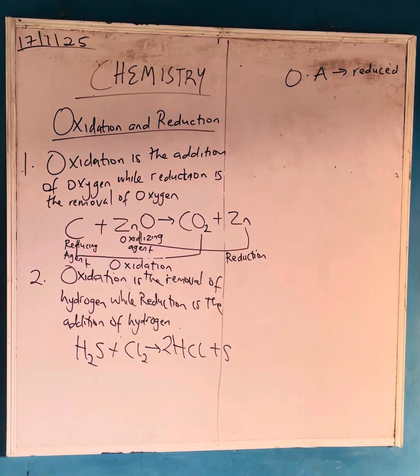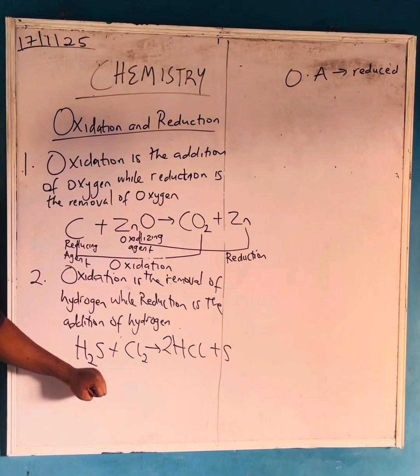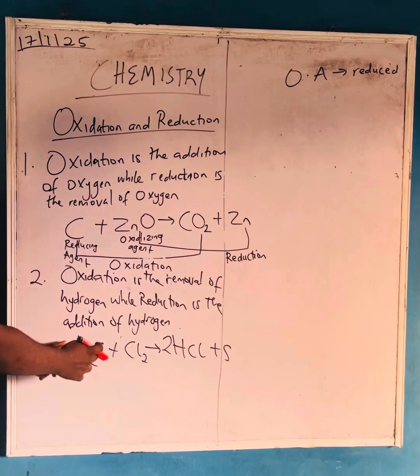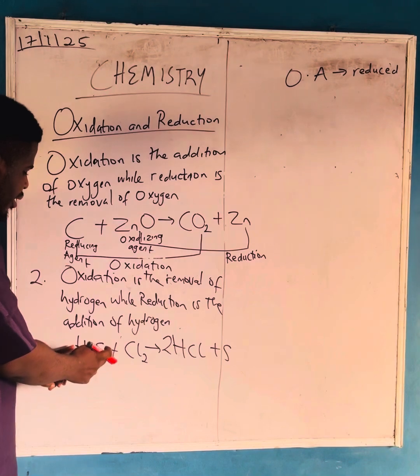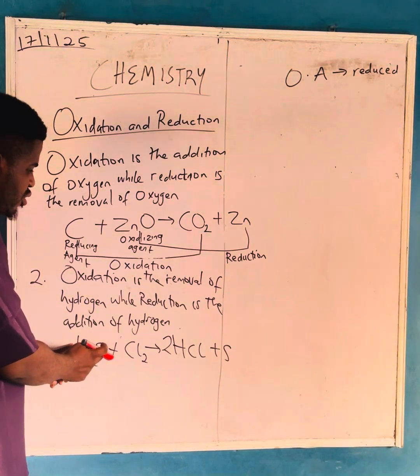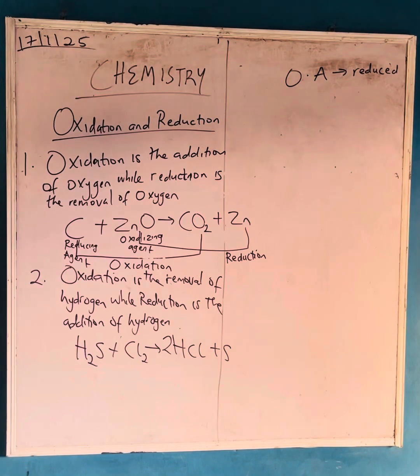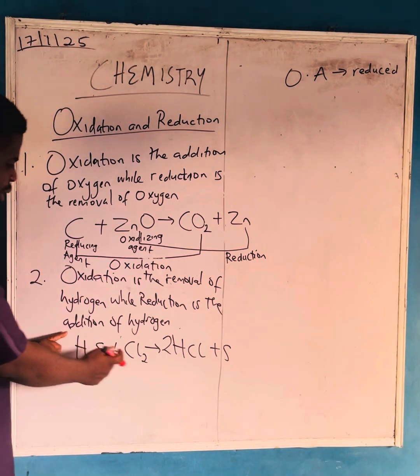So if you notice something here, oxidation is occurring here. And why is oxidation occurring here? We have H2S here, but the hydrogen in this hydrogen sulfide has been removed. So you get what I'm saying? The hydrogen here has been removed.